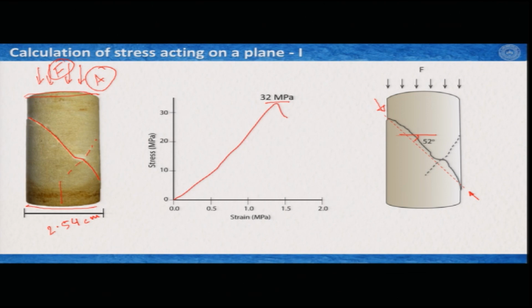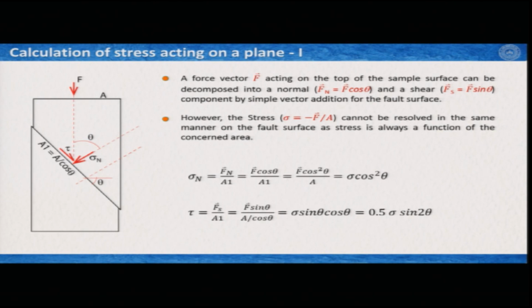To do that, what we generally do in the laboratory is first make some sort of drawing, a working drawing. And as we have understood from the force descriptions of this course, if this is a force being applied on this surface, then I can resolve this force very easily.